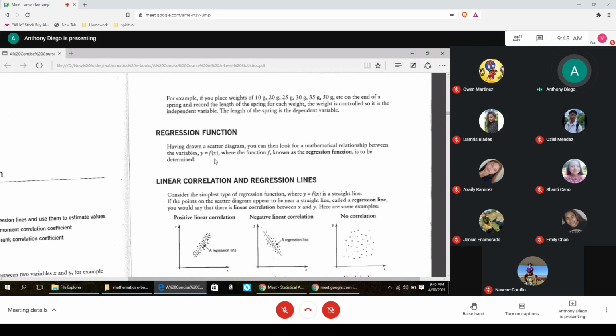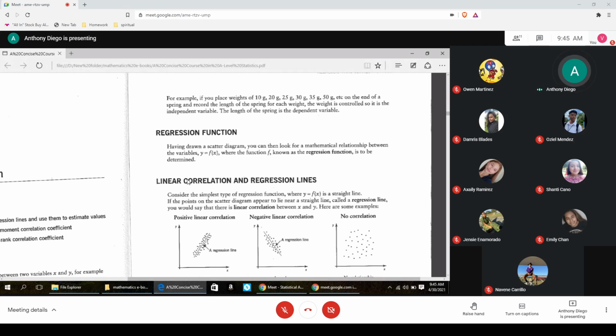Even though one will have a positive gradient, that's the reason we call it a positive correlation, and the other one will have a negative gradient, so it has a negative correlation. The one that slopes to the left will have a positive correlation. The one that slopes to the right will have a negative correlation.